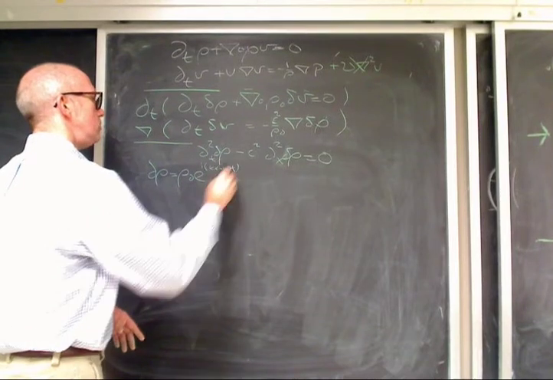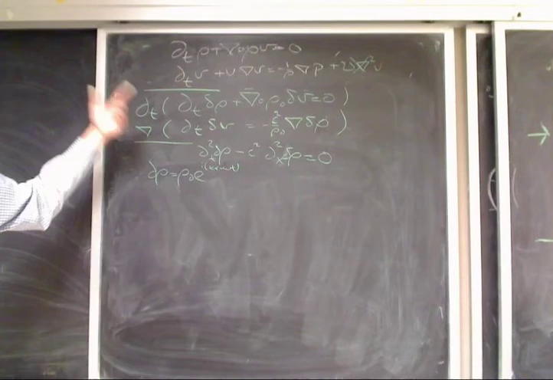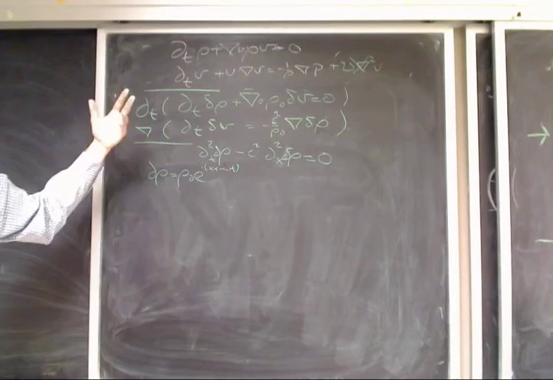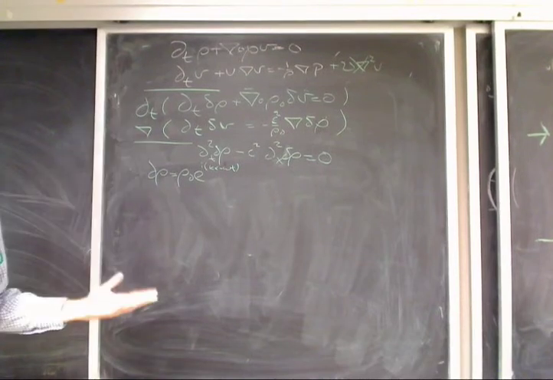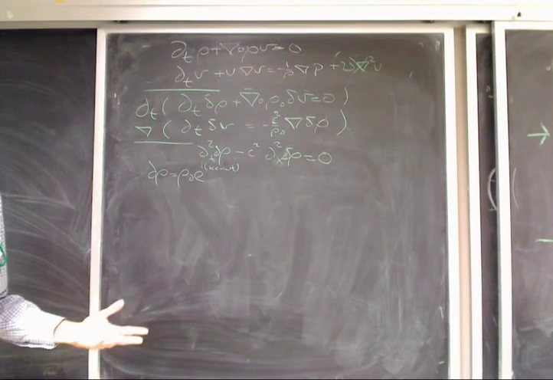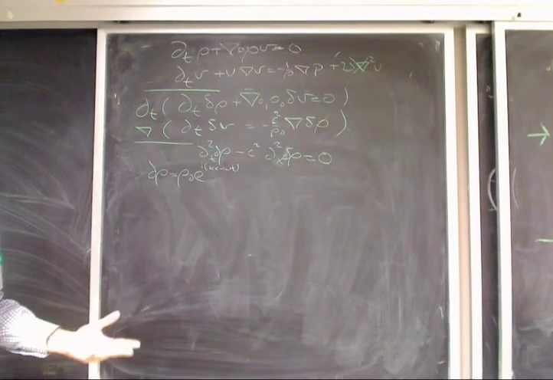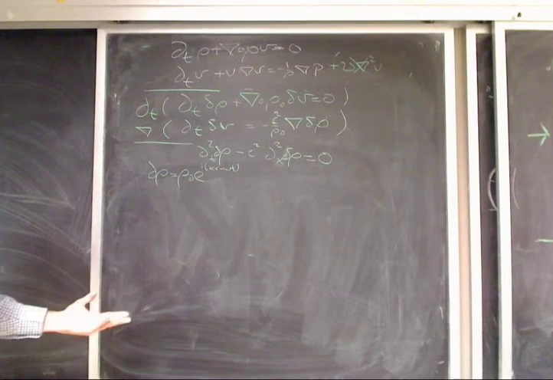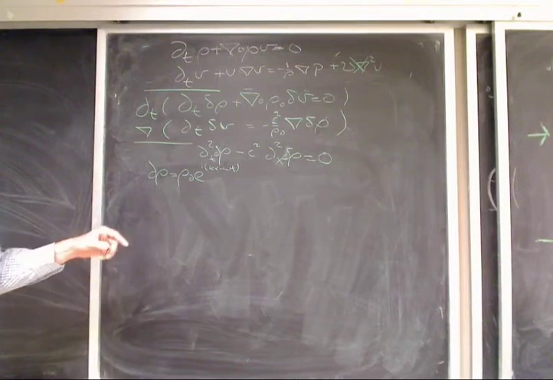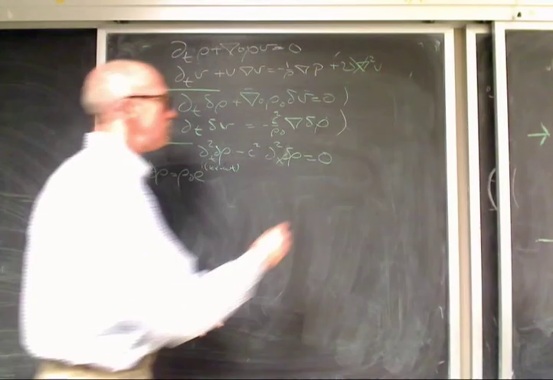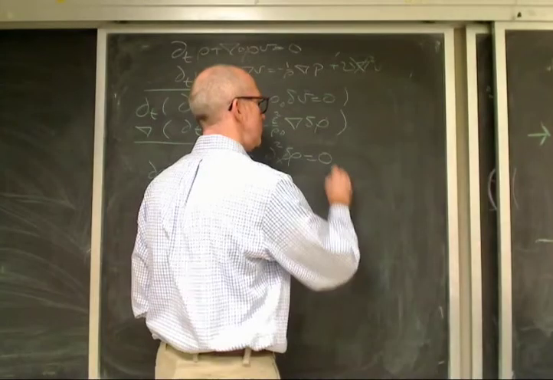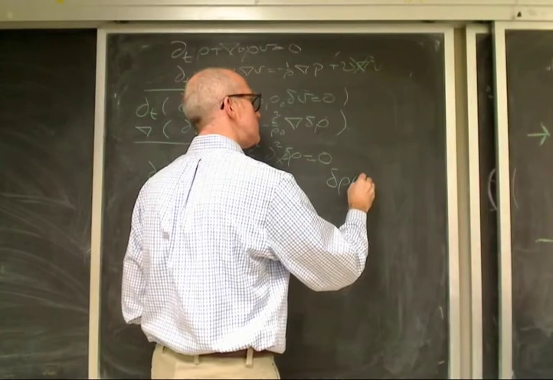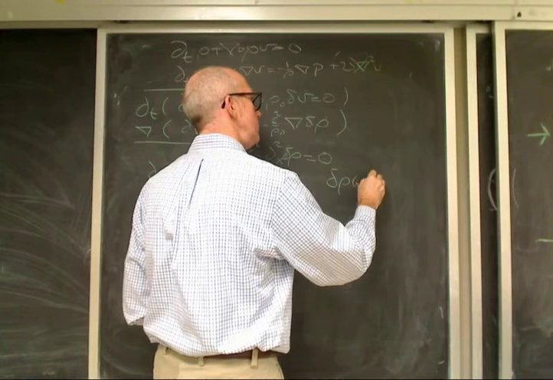This is a thing that I'm allowed to do because the Fourier modes completely describe functions. If you have a function on the real line, it is perfectly described by its Fourier modes. So I can switch delta rho. Delta rho is a function of x and t.